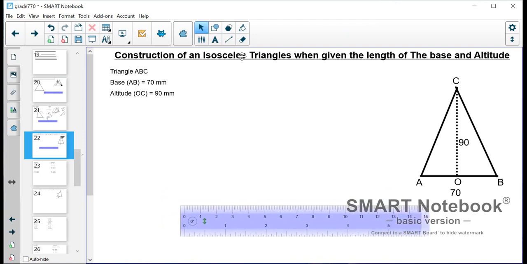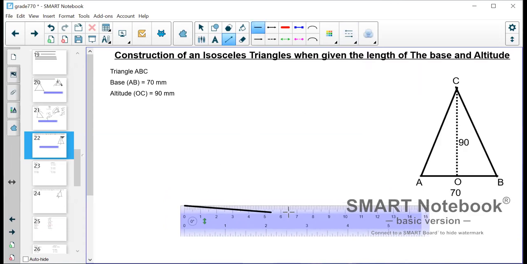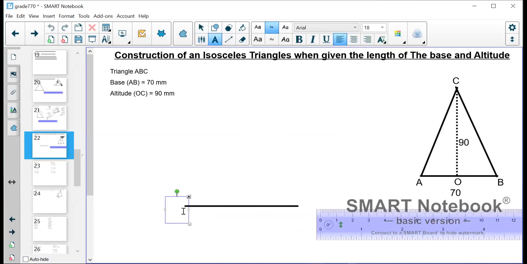All right, so we draw the base AB to the given length, which is 70 millimeters. That's the first thing we do, 70, which is the same as 7 cm. Now, when we finish with that, we, of course, must label AB.